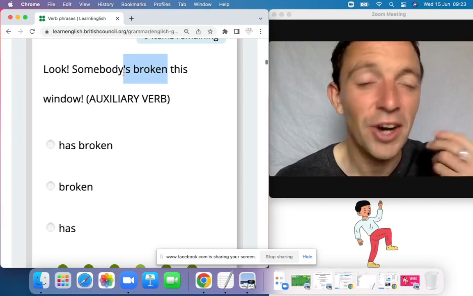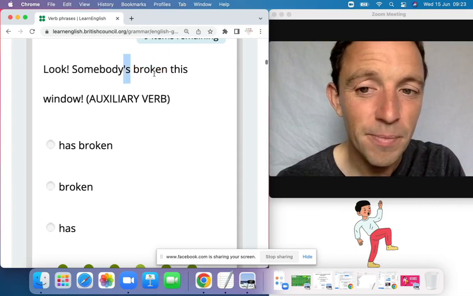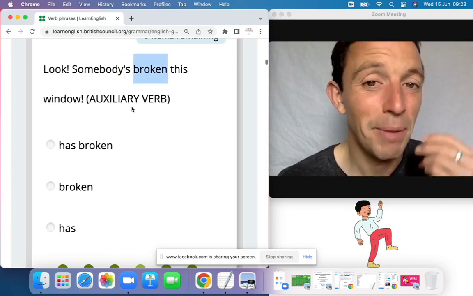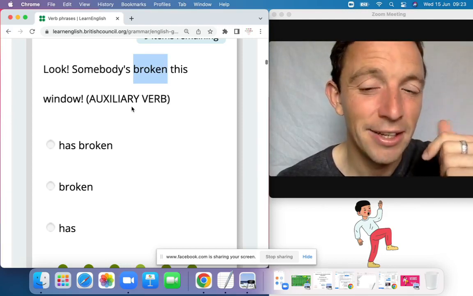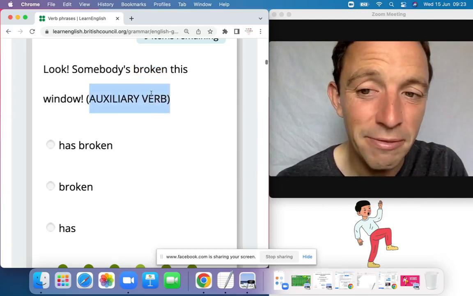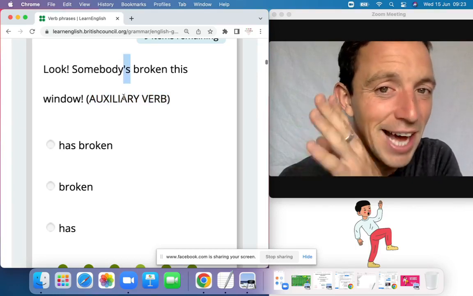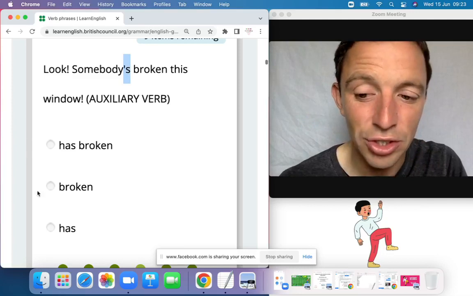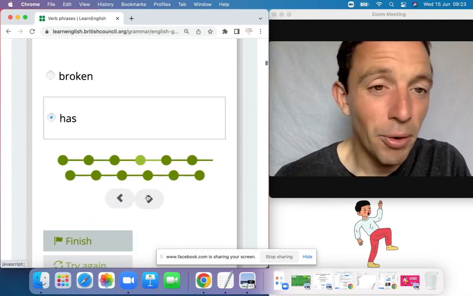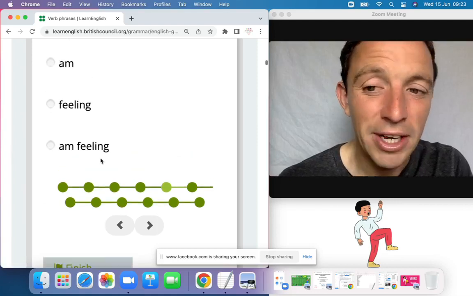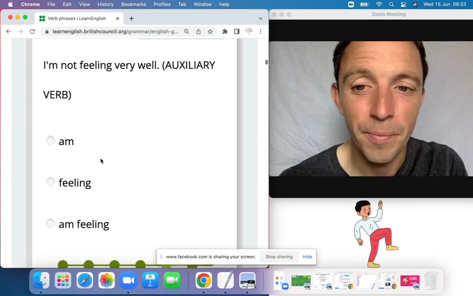Therefore the auxiliary verb only is has, because broken is considered the past participle form of the main verb. So the auxiliary verb is have. In the present has, but yes, so it is just has. Okay, very important, very good structure, very important to learn the full structures at the beginning.